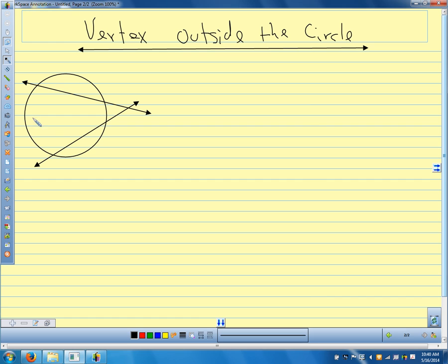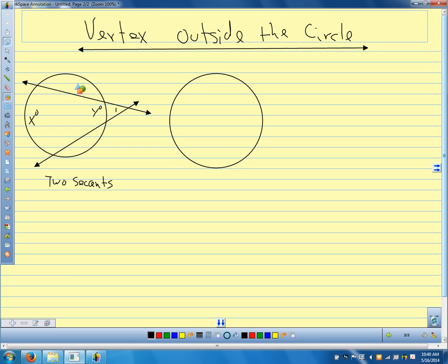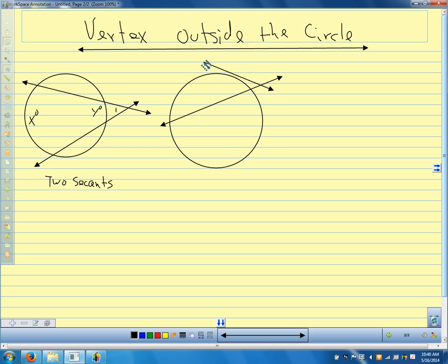I'm going to call this x degrees, y degrees, and this is angle 1. The other way this could happen is a secant and a tangent.